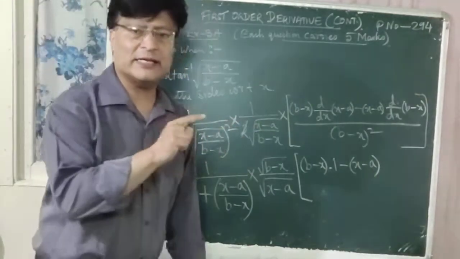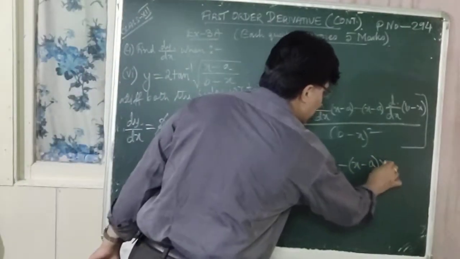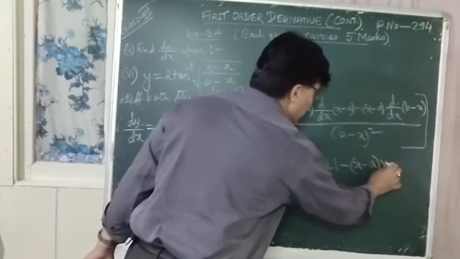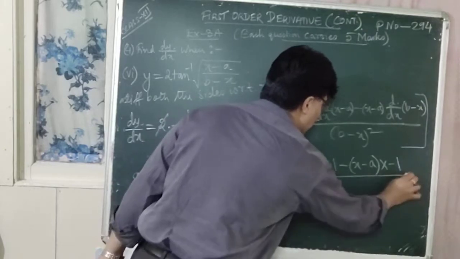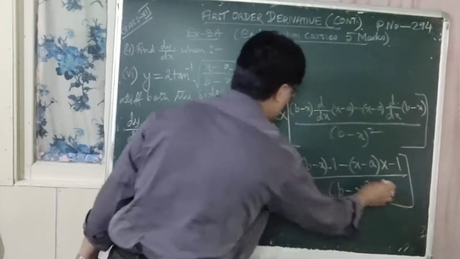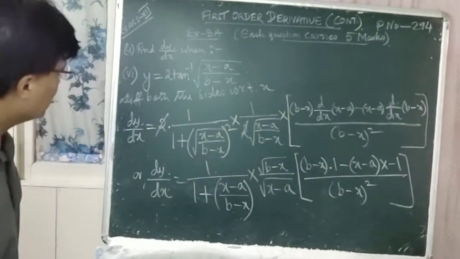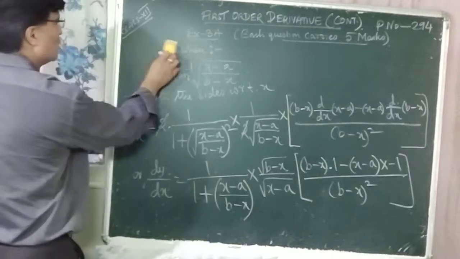For b, d by dx of b is 0, that is a constant quantity, into what is d by dx of minus x? That is minus 1. This whole divided by b minus x whole square. So here third bracket is closed, right? So now let us simplify it once again.